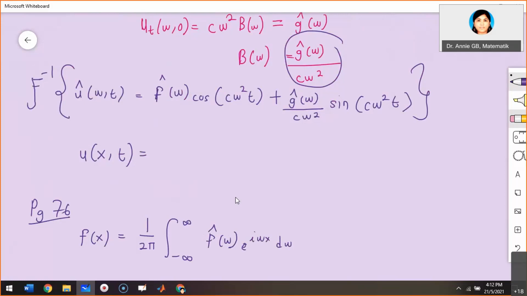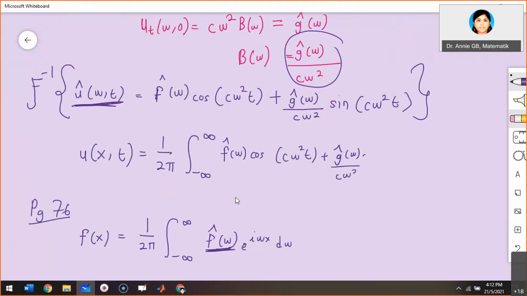So untuk dapat balik u x t, kita kena apply 1 over 2 pi minus infinity to infinity. Kita bukan f omega dah. Kita punya adalah u hat omega, semua ni: f hat omega cos c omega squared t plus g hat omega over c omega squared sin c omega squared t, and don't forget exponent i omega x d omega.